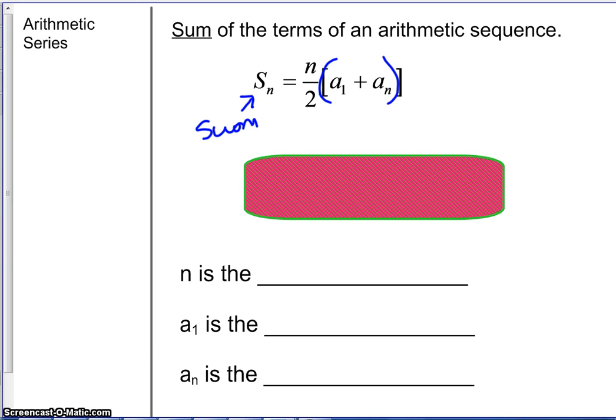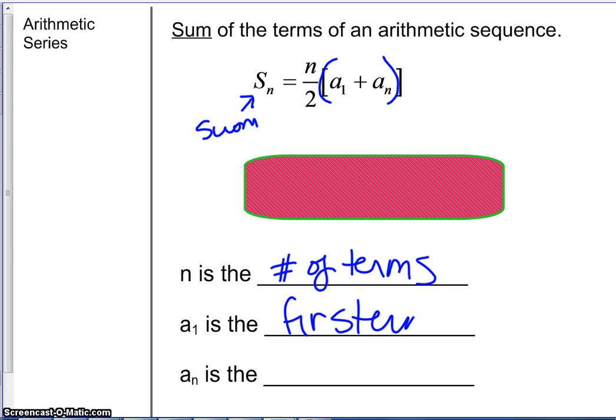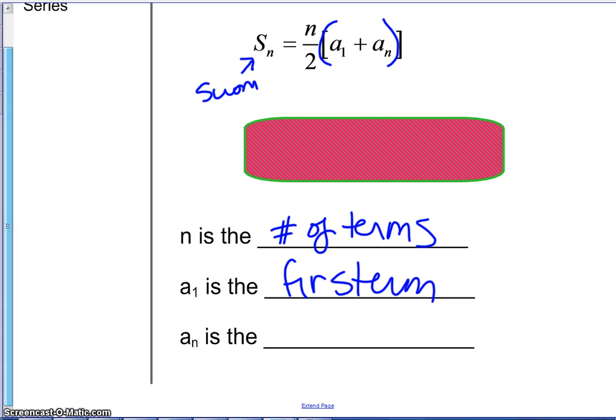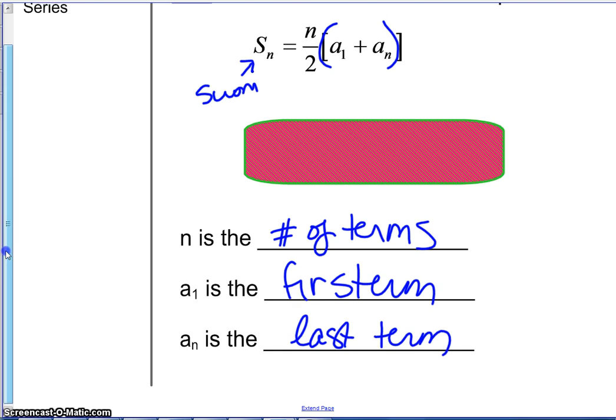Here n is the number of terms, a sub 1 is your first term, and a sub n is your last term, and then we can always find it.